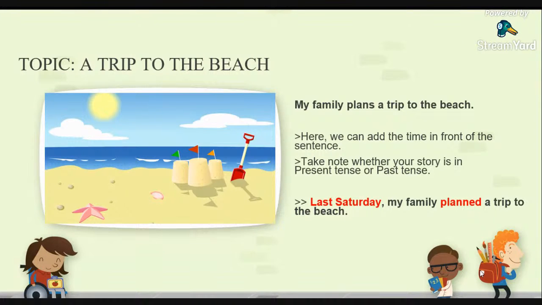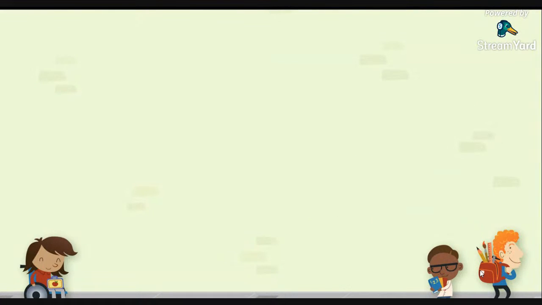Okay, sebab dia dah berlaku. So, it's in past tense. Bila cerita awak dalam past tense, verb dalam cerita awak pun kena dalam past tense. And we will have last Saturday, my family planned a trip to the beach. Okay, that is our first sentence for our story.